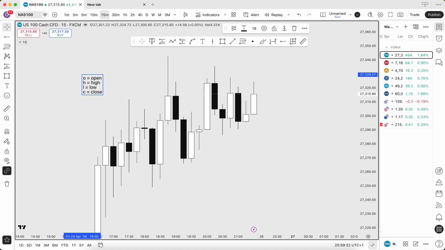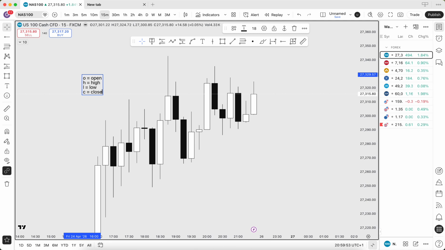Now I'm going to show you what this OHLC is on the chart. Pay close attention, guys, because it's going to actually profit us a lot.